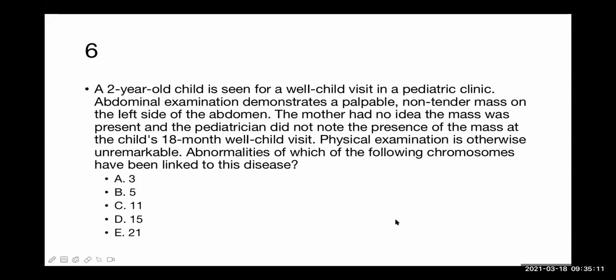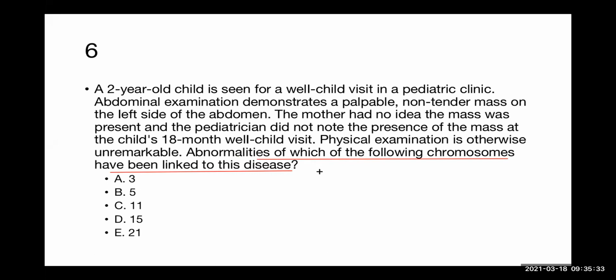Now see it, okay? Again, the same case, absolutely same. But see what question they have asked. Different question. Abnormalities of which of the following chromosomes have been linked to this disease? So they have asked the chromosomal abnormality now.